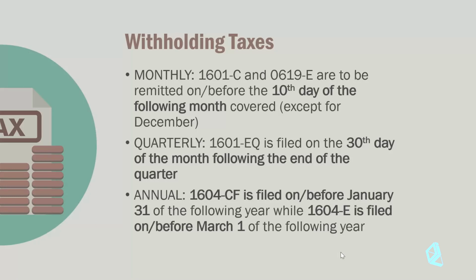And 0619E is for expanded withholding taxes. Similar to your employees, you are withholding a certain amount of your payment to your supplier as advance payment of your supplier's taxes. They are to be remitted on or before the 10th day of the following month.